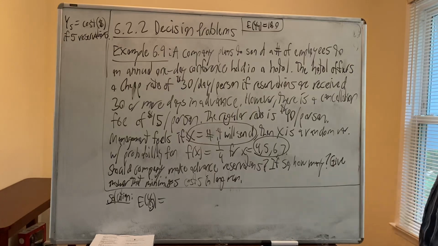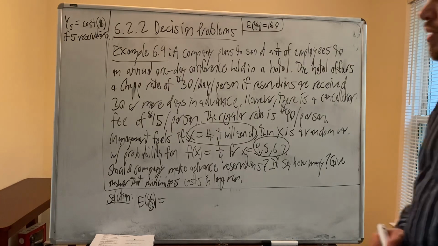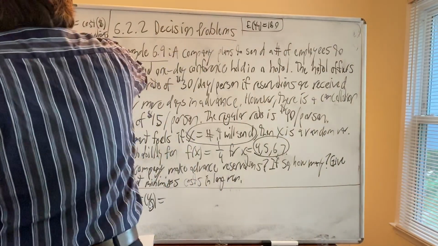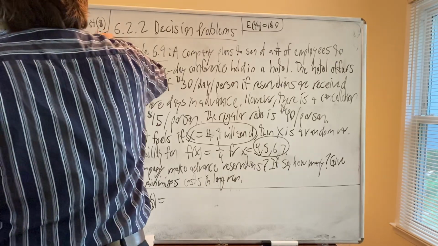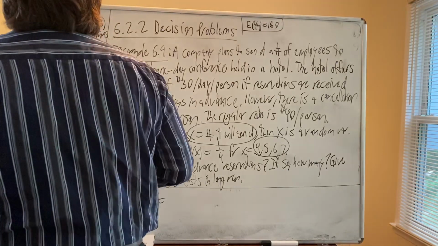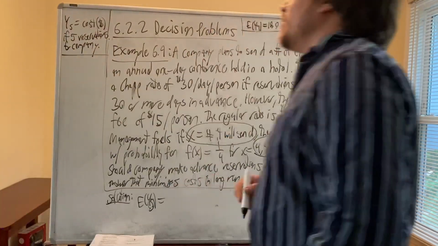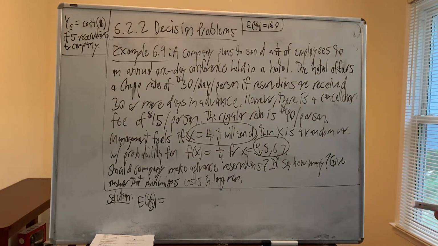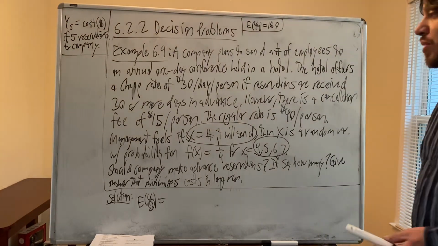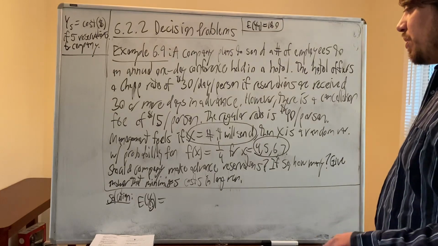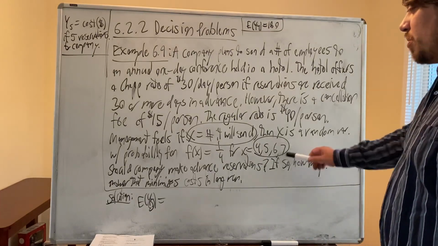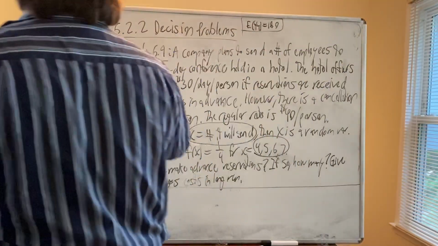So if they make 5 reservations, there are 4 possible numbers of people that could show up.